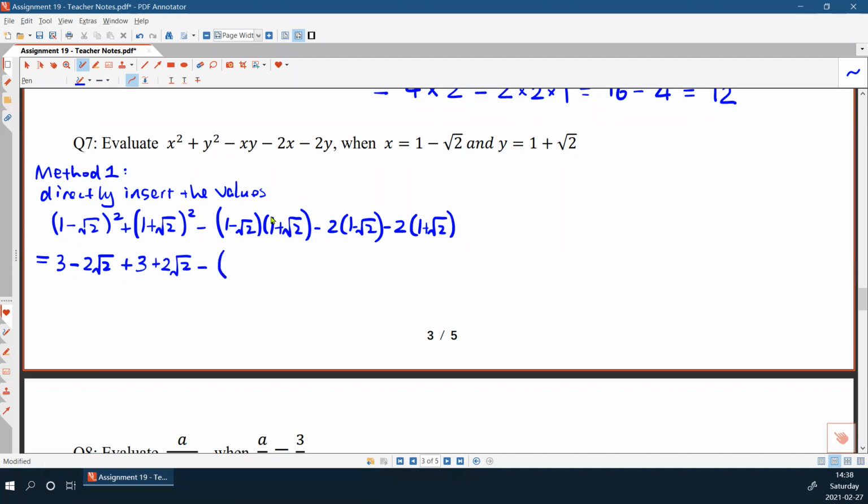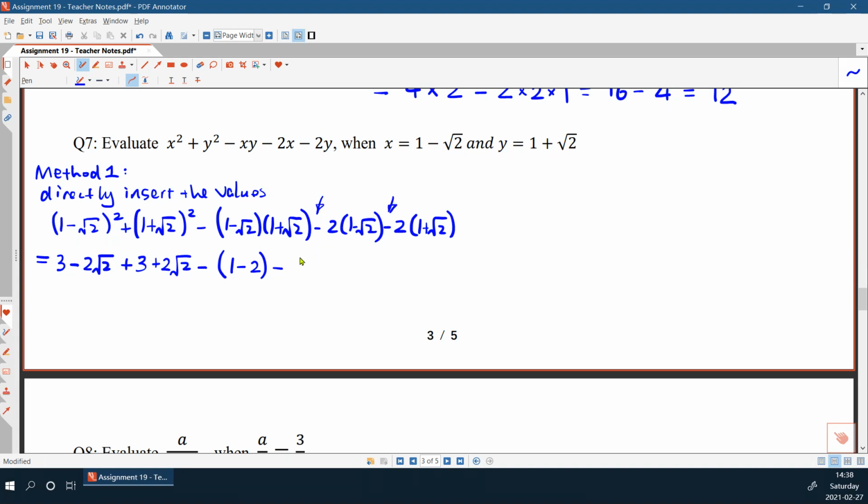Okay, minus, next formula is 1 plus a times 1 minus a. This will give you a squared minus b squared, right? So 1 minus 2, correct? Okay, next one, this is distributive law, right? So pay attention to the minus sign here, minus sign here. So everything inside brackets, change the sign to the opposite.